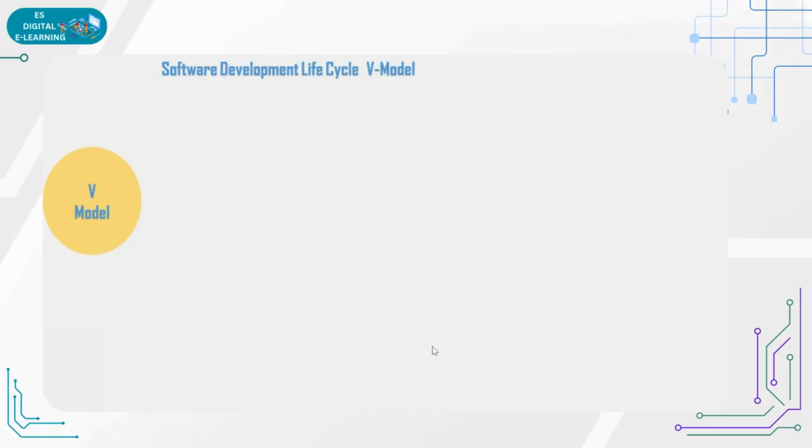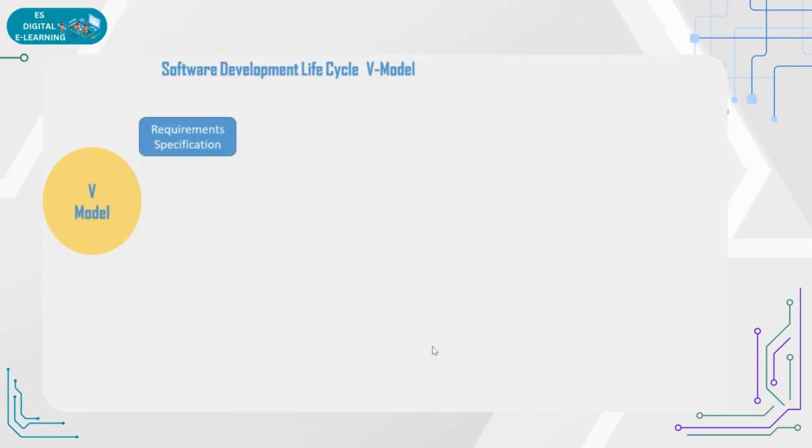We'll understand how the V model structure came about, and how validation and verification are separated. This is an extension of the software development cycle; it is a family of the software development life cycle. The first phase always starts with the requirement, the requirement specification.